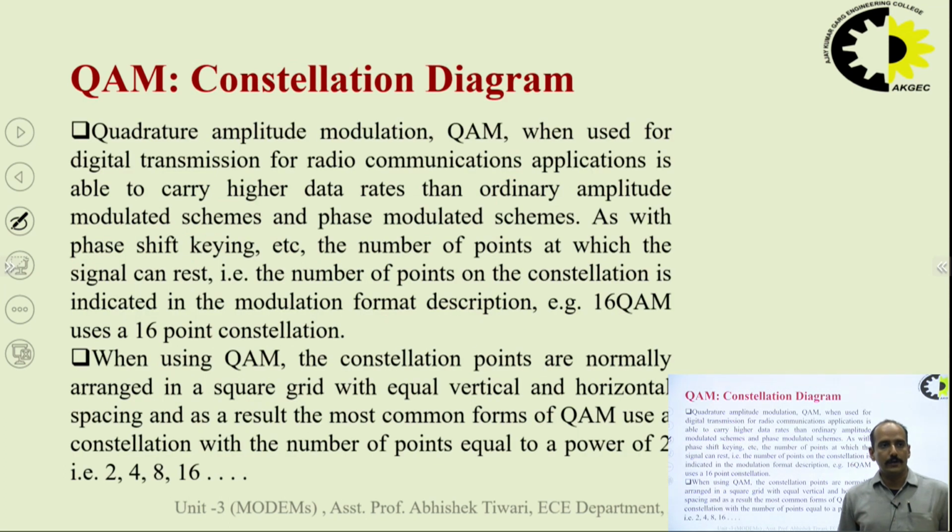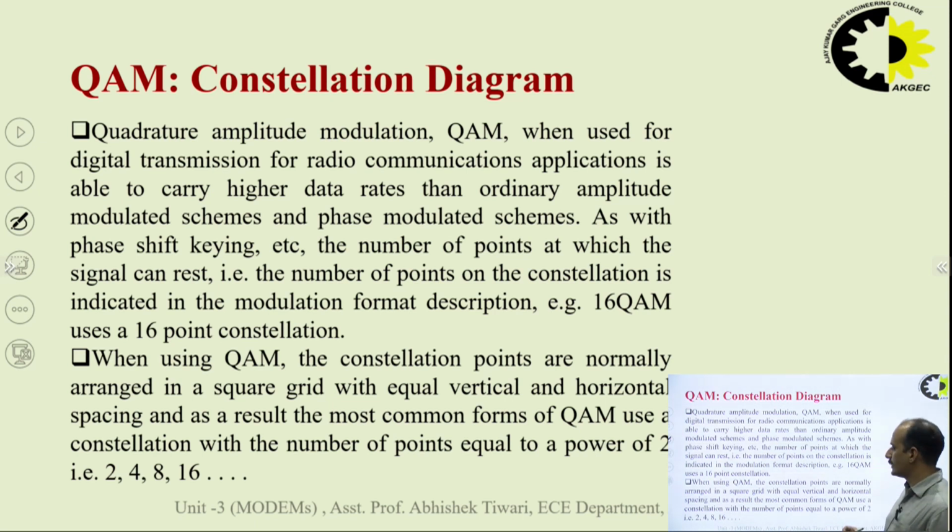If you are talking about the specification, quadrature amplitude modulation is used for digital transmission in radio communication applications, and it is able to carry a higher data rate than ordinary amplitude modulated and phase modulated schemes. The number of points at which the signal can rest, the number of points on the constellation, is indicated in the modulating format, means 16 QAM uses a 16 point constellation. Similarly, various other constellations are possible, such as 2, 4, 8, 16.